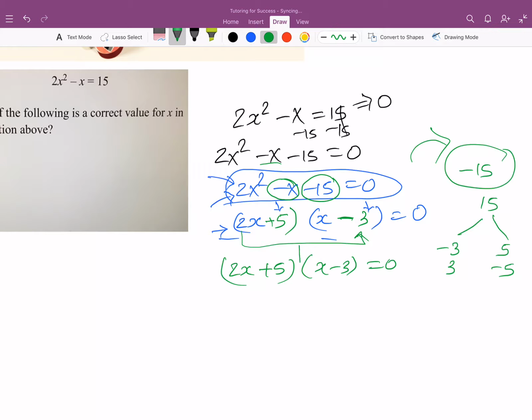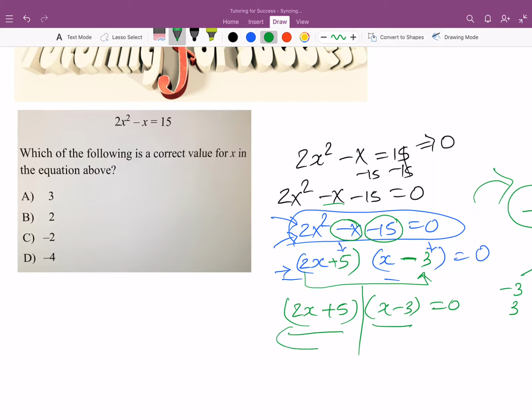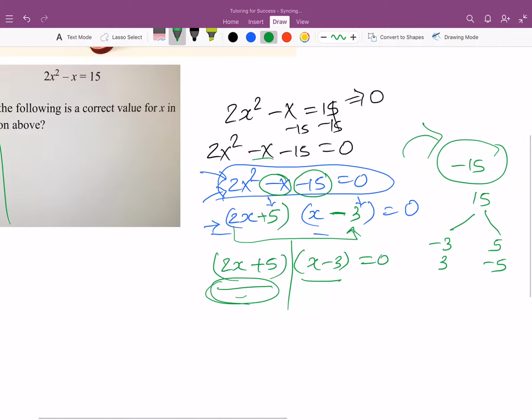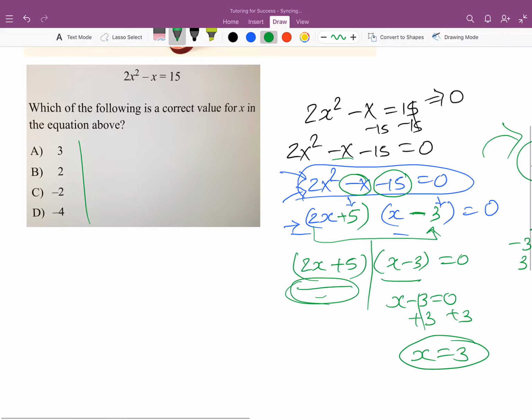So either this part or that part is equal to 0, and you notice the 2x plus 5 part gives an x value in a fraction, but you don't have fraction choices, so let's not entertain that part. x minus 3 is 0, so add 3, because I want to isolate x by itself. This goes away. x is 3. So my value for x is 3.